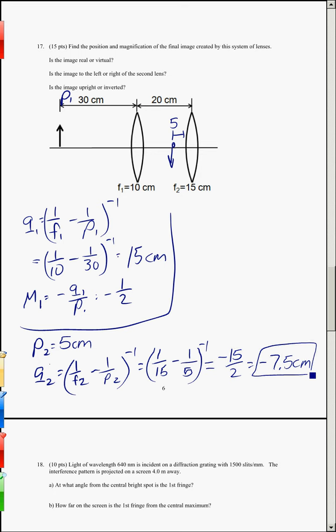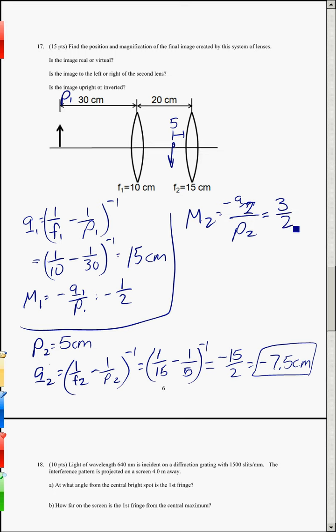So that's my location, or the position of the final image. Now let's calculate M2. It's negative Q2 over P2. Putting in those numbers, P2 and Q2, I get 1.5, or 3/2.